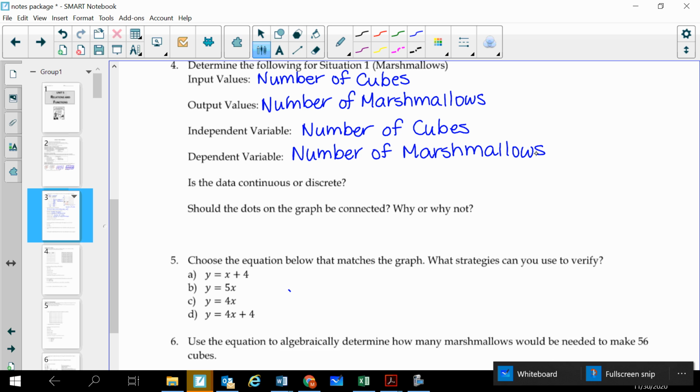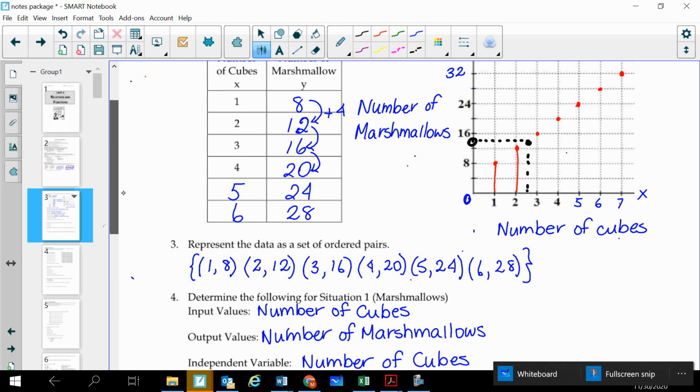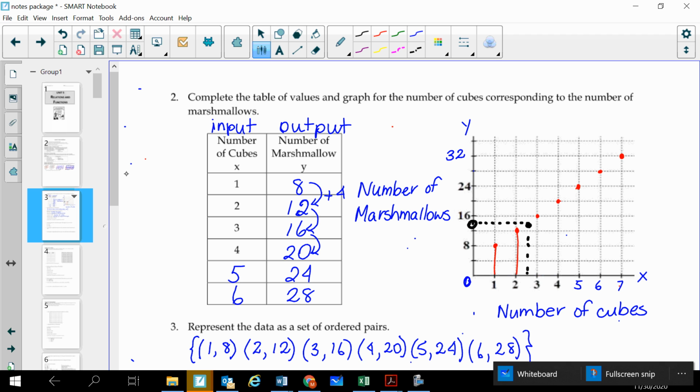Now, is the data continuous or discrete? Remember on our graph when we discussed whether or not we need to join our points, I said we're not going to join our points because the points in between don't make sense. We can't have a half number of cubes and a half number of marshmallows.